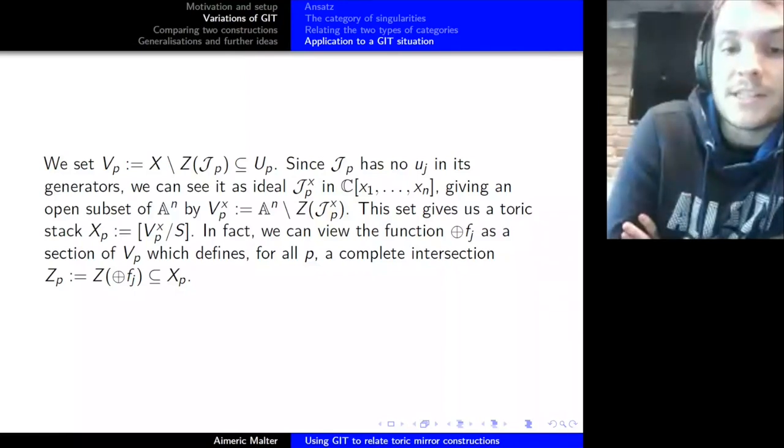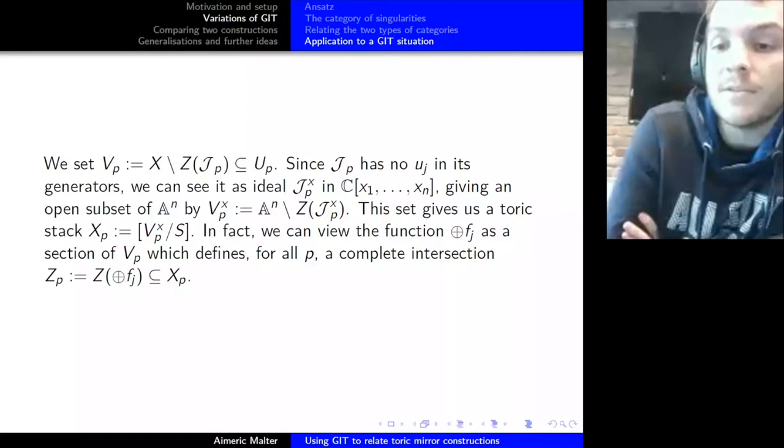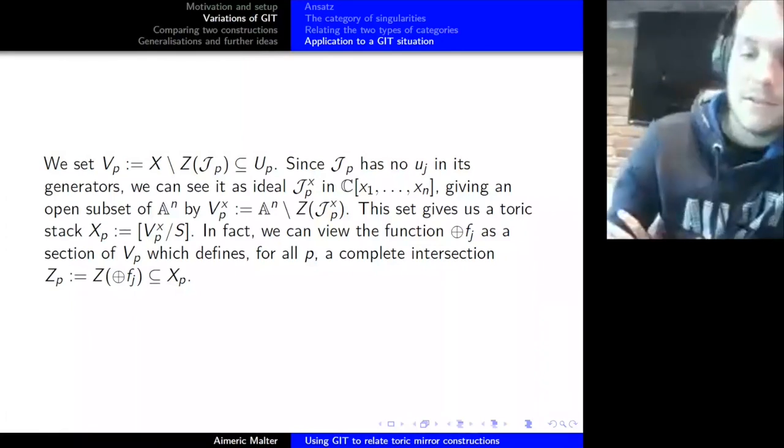We can build a toric stack by taking the quotient via the group we started with. And in fact, if we remember the superpotential was the sum of some uj, fj, and the sum of the fj's, we can now see that as a section of this VP. So we have constructed a vector bundle. And that will give us a complete intersection.